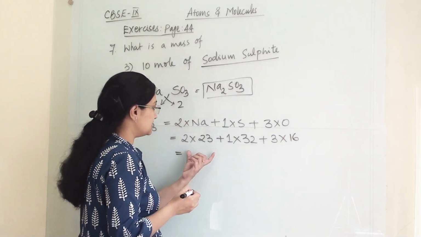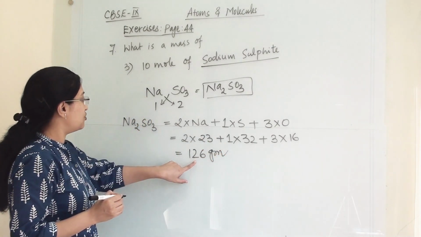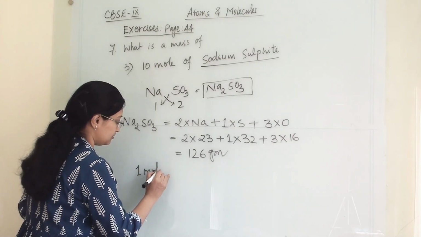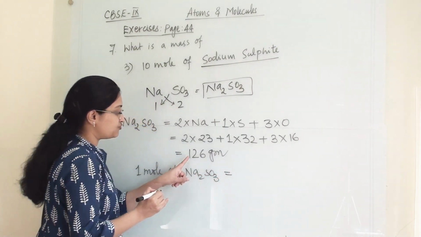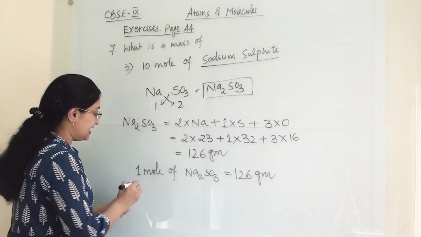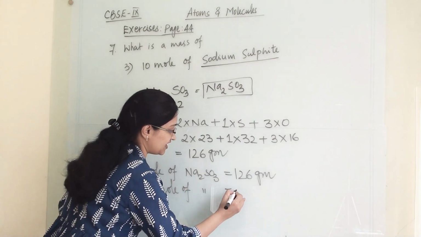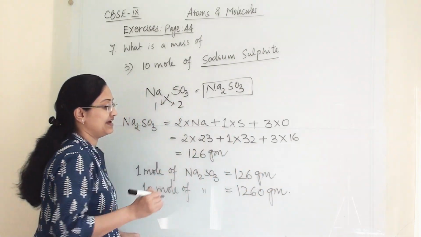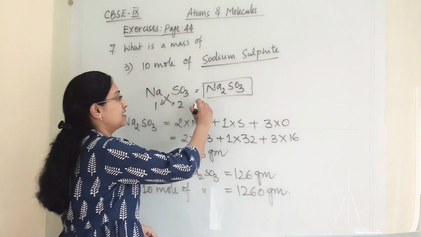So our answer is 126 gram, the molecular weight of this. Now 1 mole of sodium sulphite has how much weight? Equal to its molar mass. Then 10 mole of sodium sulphite has how much weight? 1260 gram. So this is how we can calculate for any compound.